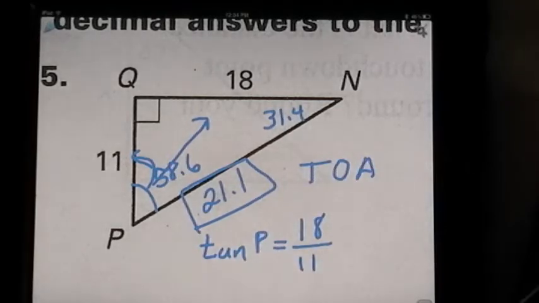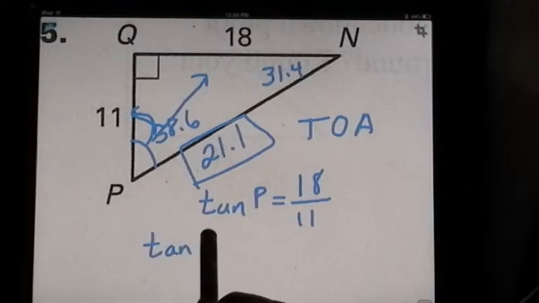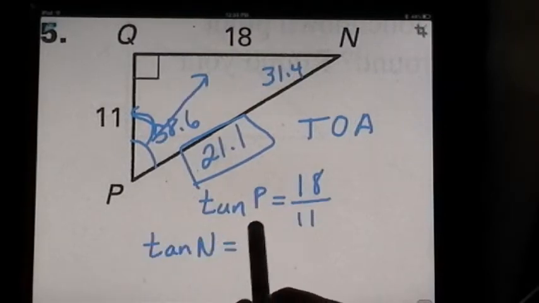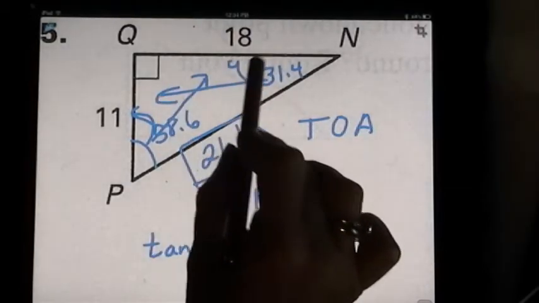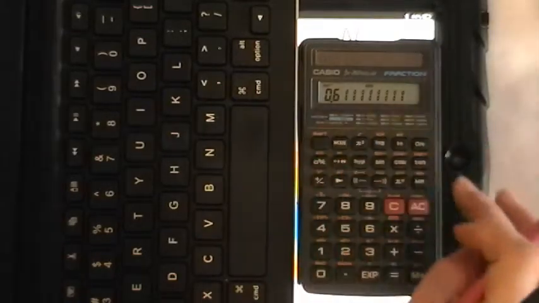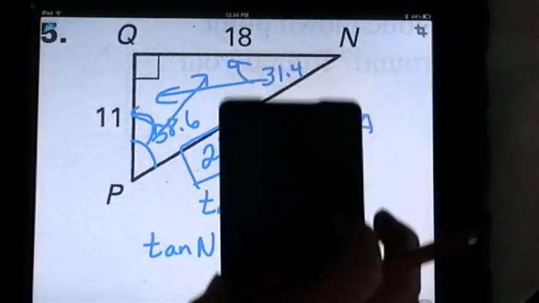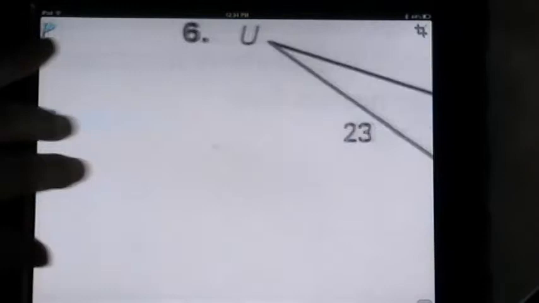Now if you want to double check that and make sure that it's correct, what you would write is tangent N equals 11 over 18, because that's the opposite side over the adjacent side. And you would do this. 11 divided by 18 equals, and then you do inverse tangent, and you get 31.4, which is what we have there.